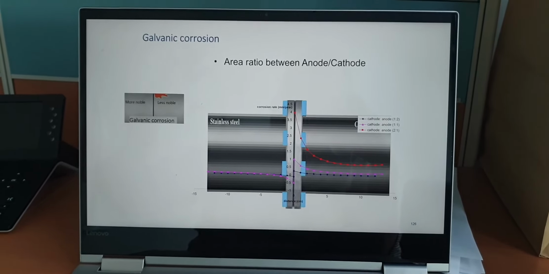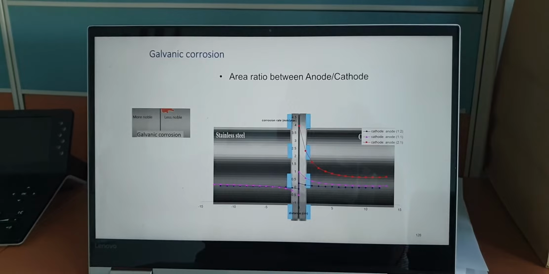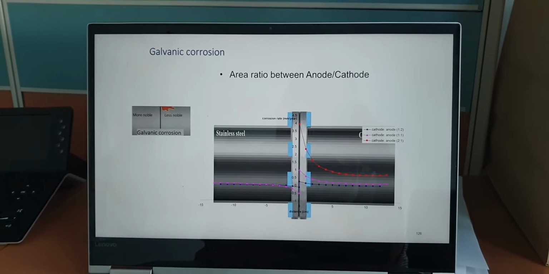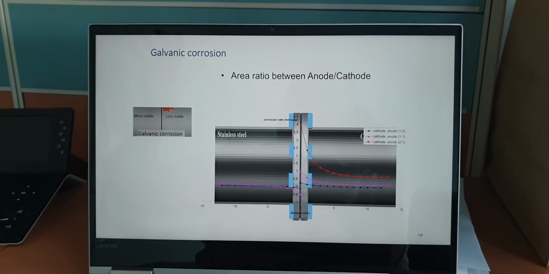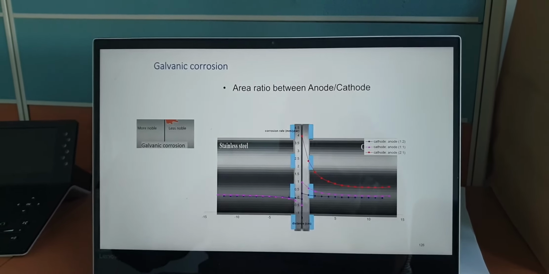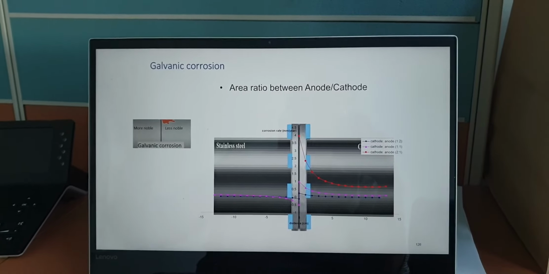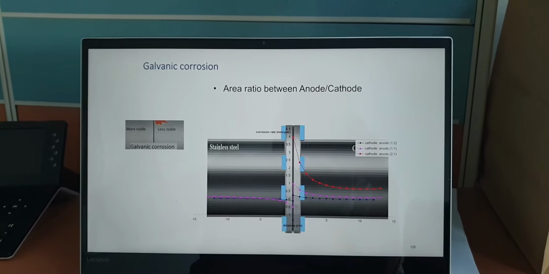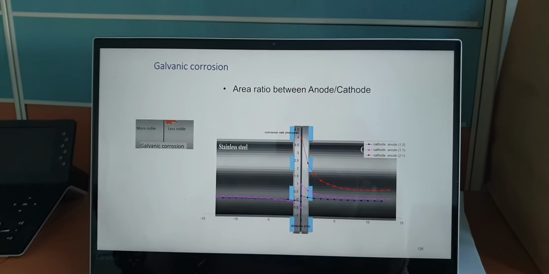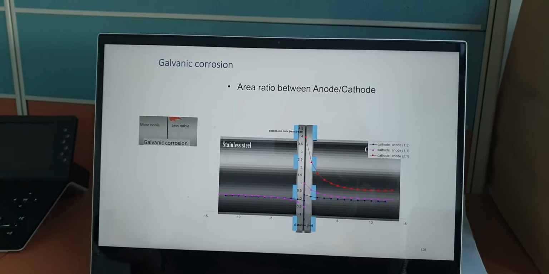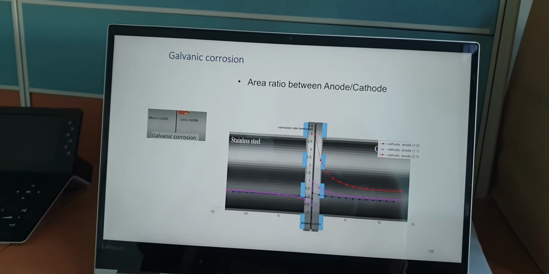As we saw in the sacrificial anode exercise, we need to calculate the size by mass to know how much we can protect. If the anode is big, then it will protect a small piece and it could last for a long time. If the anode is very small, it will corrode very fast and it will protect nothing.